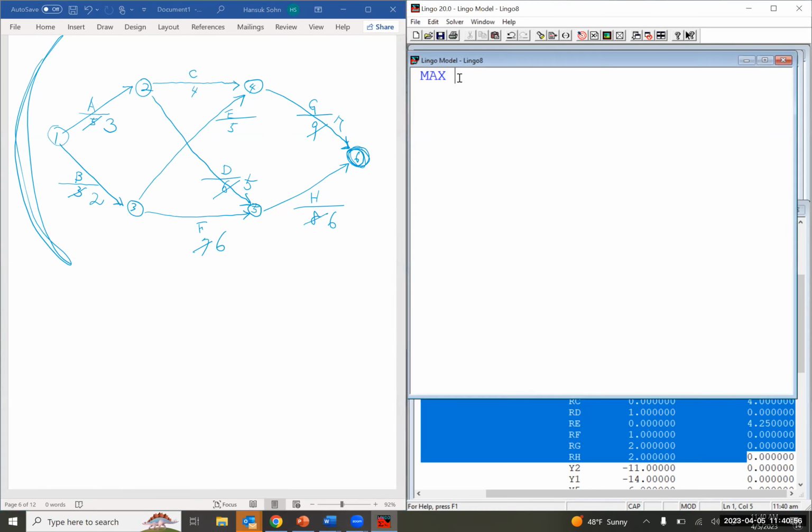So that's going to be max equals 3 times x12, 2 times x13, 4 times x24, 5 times x25, 5 times x34, 6 times x35, 7 times x46, 6 times x56.